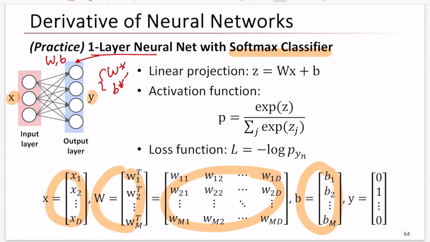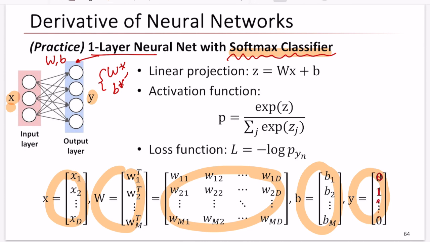But in this case, we are interested in the classification case. So our y is going to be just the class index. For example, if this x input is categorized as the second class, it should be 1 here and the remaining should be 0.